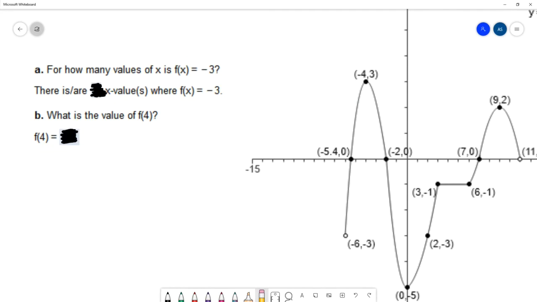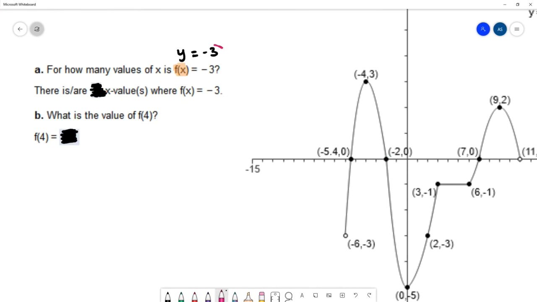So on this question, we're given this picture. We want to answer a couple of questions. For how many values of x is f of x equal to negative 3? One thing to keep in mind is that f of x is the same thing as y. So this means y equals negative 3.